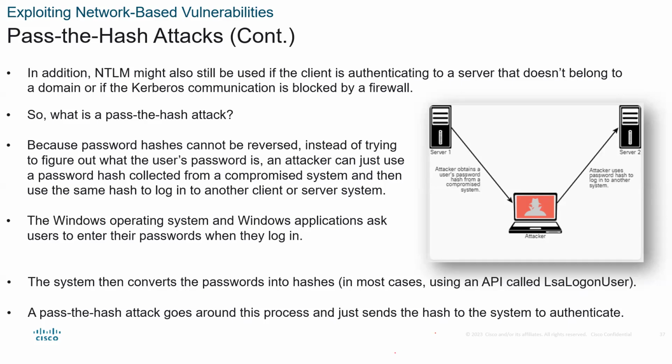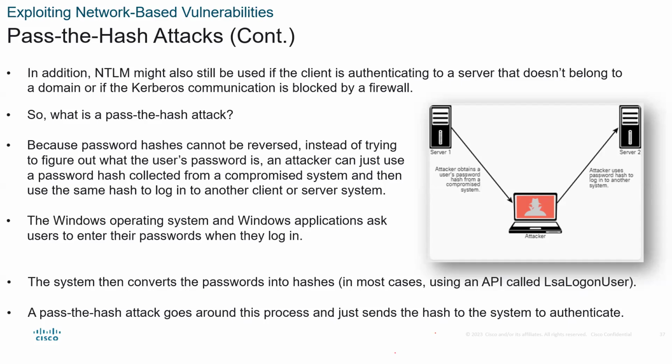So Windows operating system and Windows applications ask users to enter their passwords when they log in, standard. The system will convert the password into hashes, in most cases using an application programming interface called LsaLogonUser.